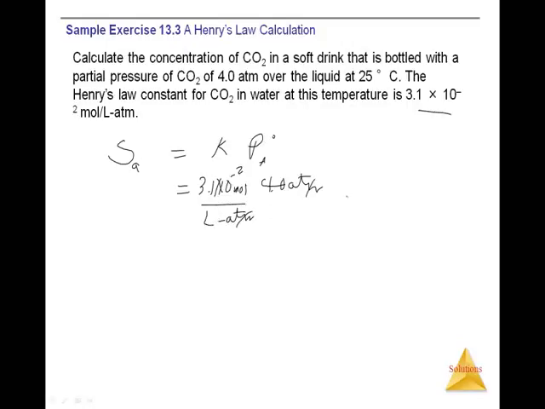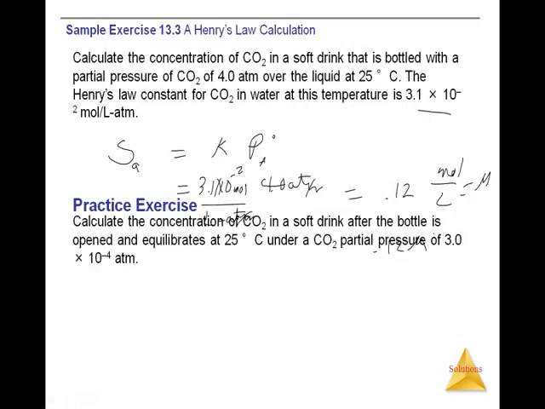Atmospheres cancel out. I end up with units of moles per liter, which is the same as molarity, and it's going to be 3.1 times 10 to the minus 2 times 4, which is going to give me an answer of 0.12. So it's 0.12 molar. Okay.